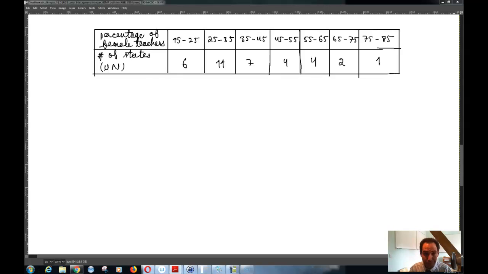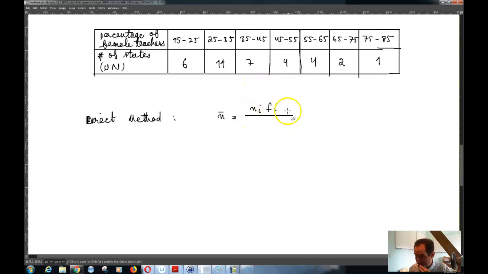So we had something called the direct method, which was x bar is equal to sigma x of i times f of i over sigma f of i.